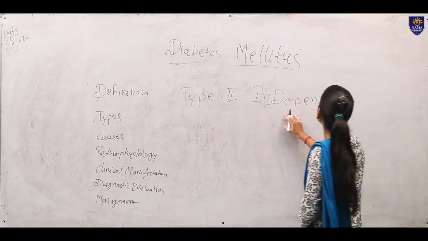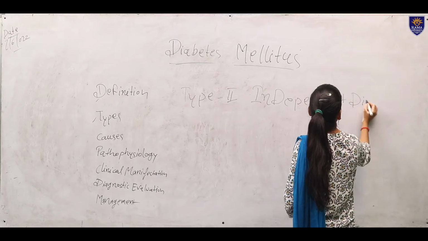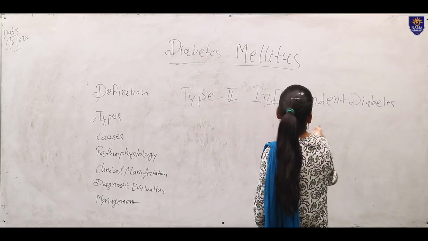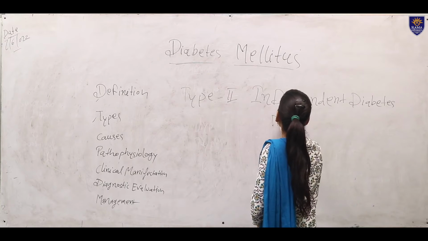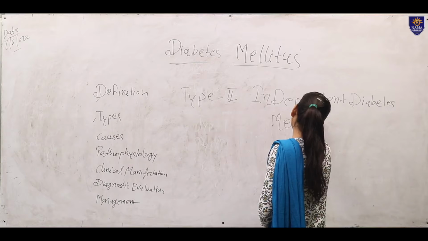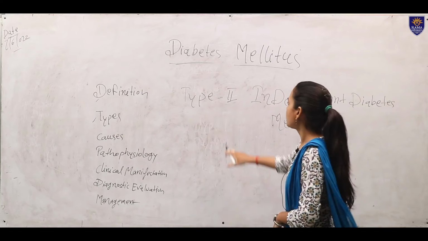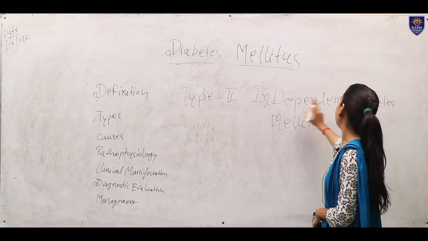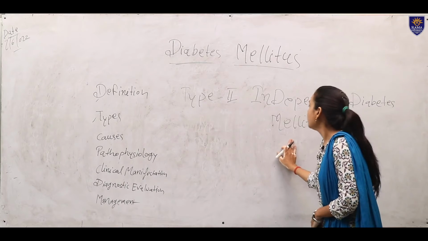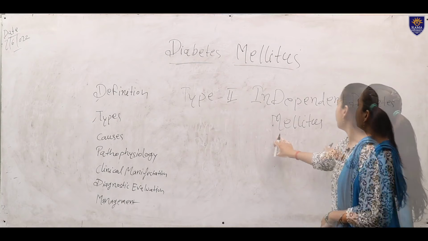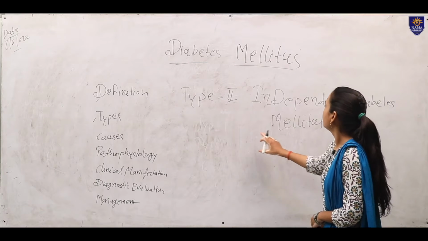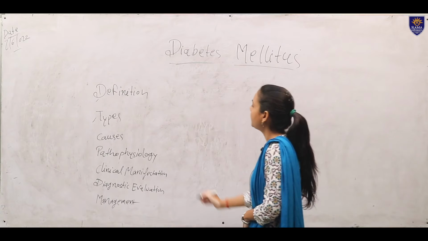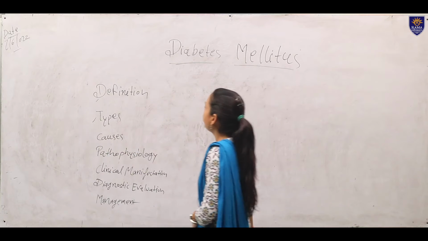In this type of diabetes mellitus, there is a loss of sensitivity to the blood glucose level. After that, I discuss the causes of diabetes mellitus.